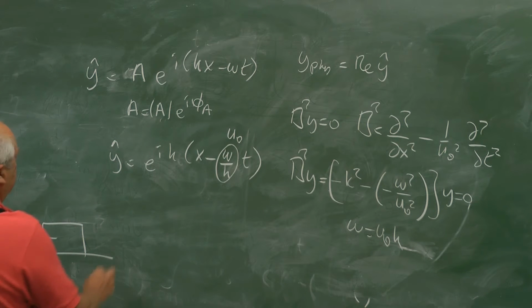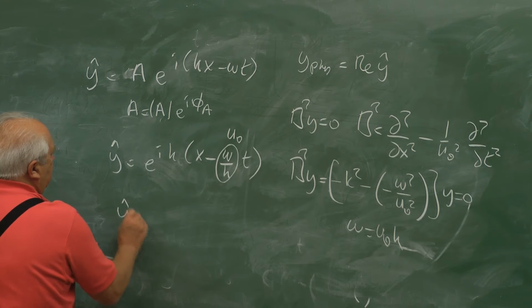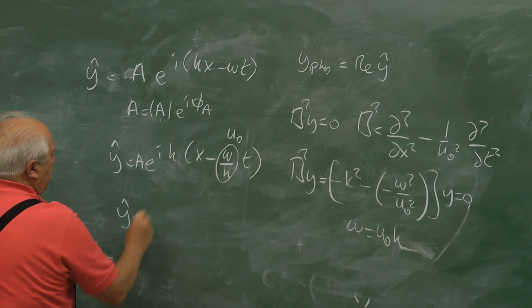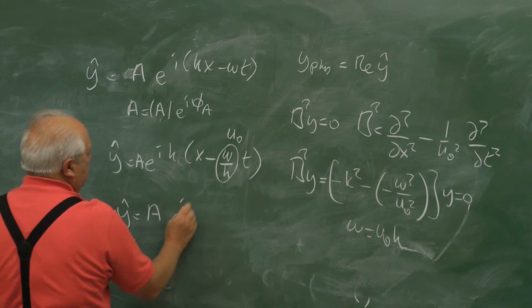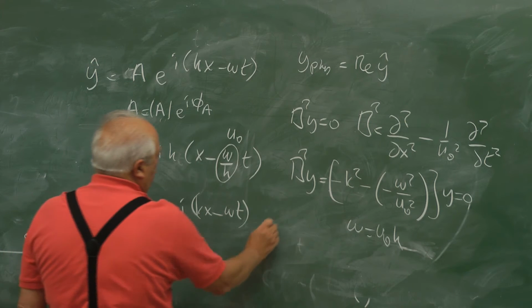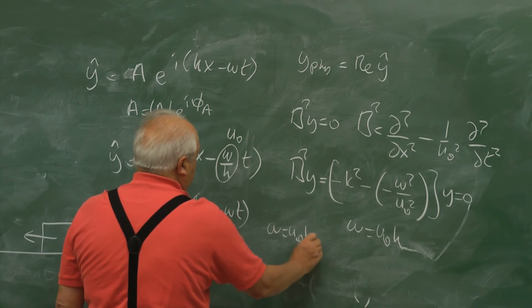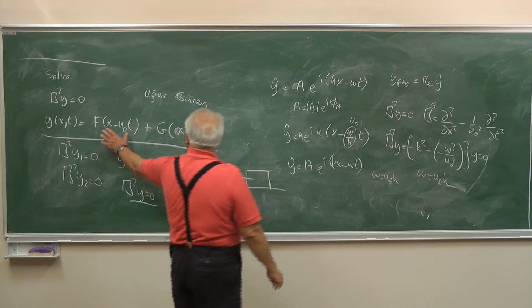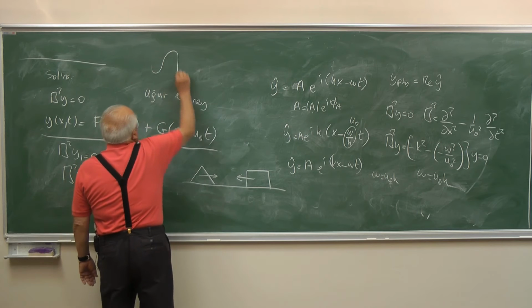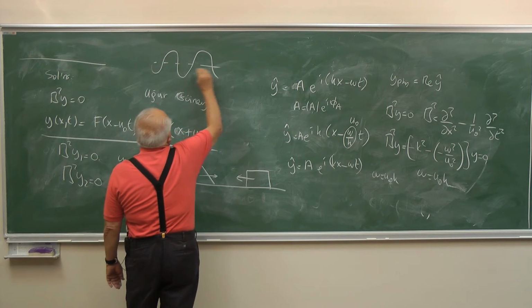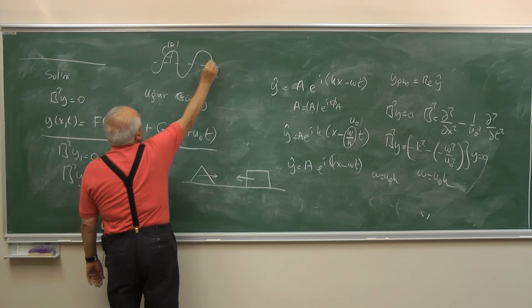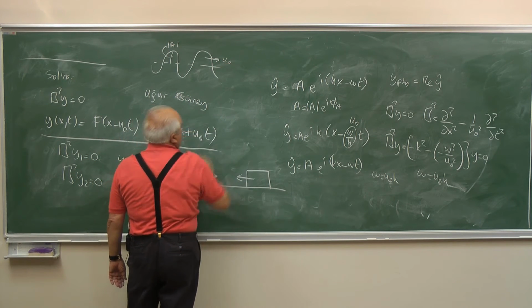Okay, so y, A e^(i(kx minus ωt)) with ω equal to u0k, is of the form x minus u0t. So it is a sinusoidal wave of amplitude A, and this is moving to the right with the speed u0.